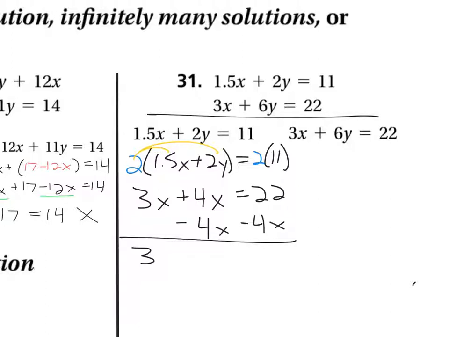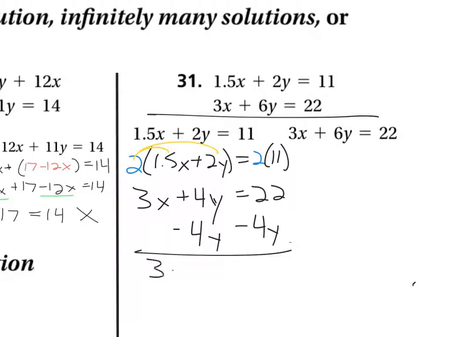I should have written a y there, not an x. Thank you for your patience. I make mistakes too. Okay. So I'm going to subtract 4y from both sides, and I get 3x equals 22 minus 4y.